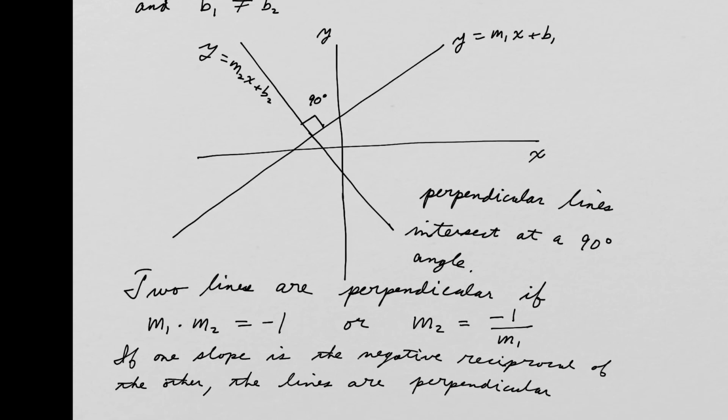Okay, let me do one example, and I'll do more examples in lecture when we meet face to face. So let's say you're told you have line 1, and it passes through the points (-1, 3) and (4, -6).